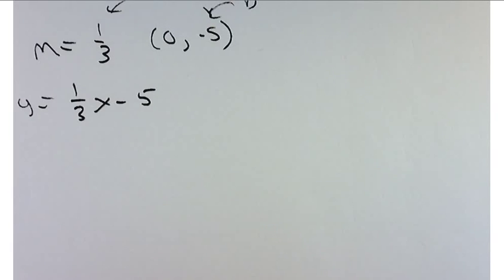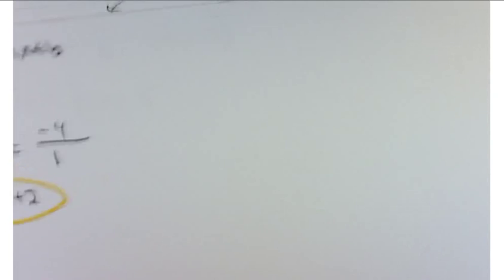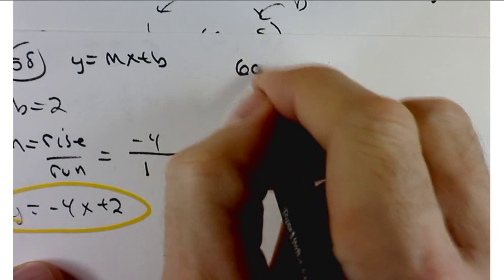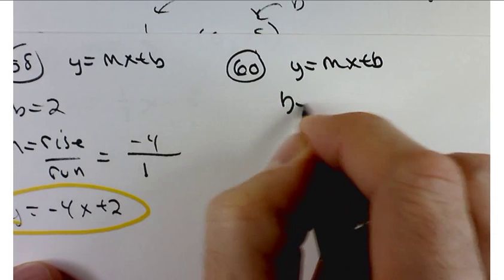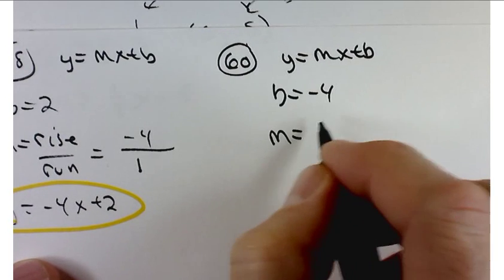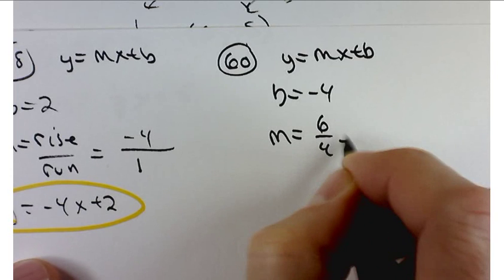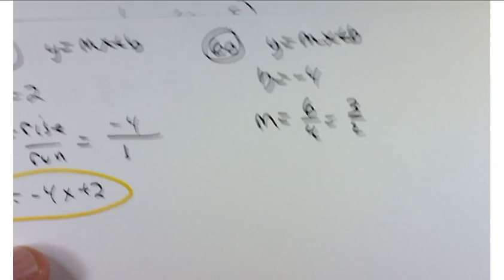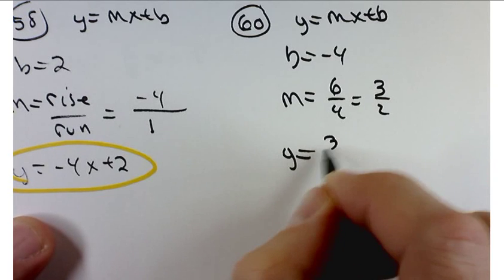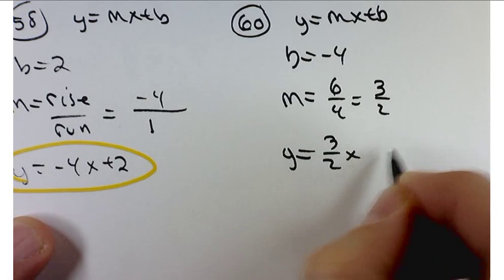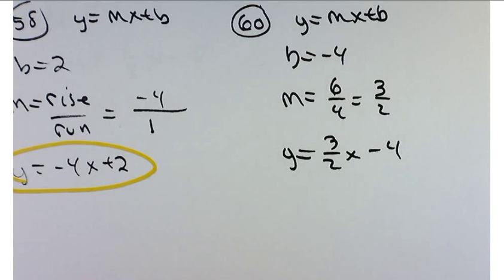So as far as problem number 60, y equals mx plus b. B was -4, m was 6 over 4, which reduces to 3/2. So you can write this as y equals 3/2 x minus 4. You can put plus -4, that'd be fine as well.